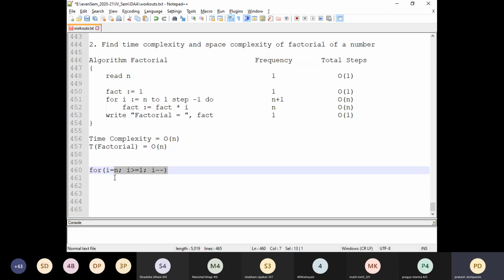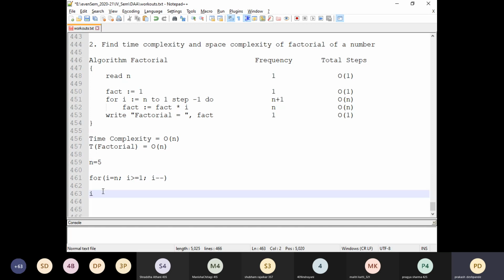Yes, sir. Correct. Now, assume that n value is 5. Initial value of I is what? 5. I becomes 5. Then 5 greater than or equal to 1, is the condition true? Condition is true. Then it will execute all its below lines, and then I minus minus will be implemented.